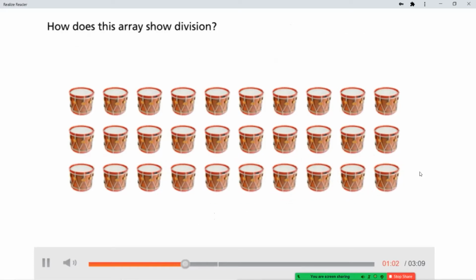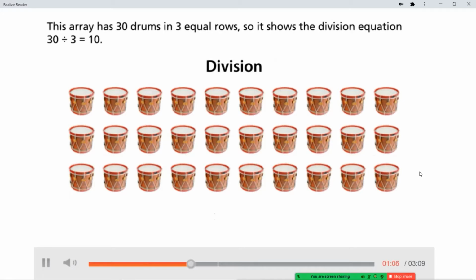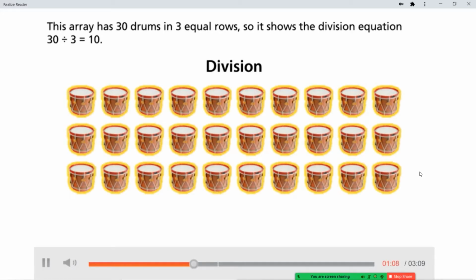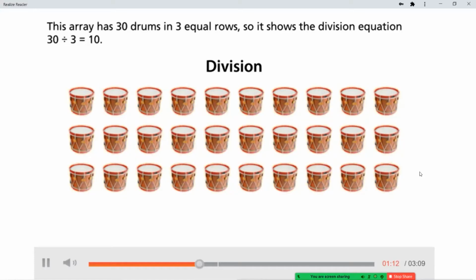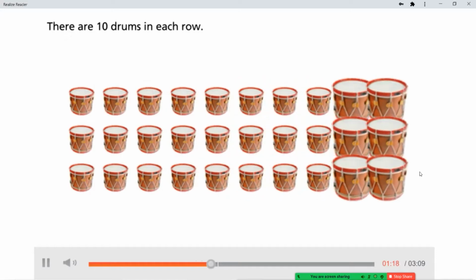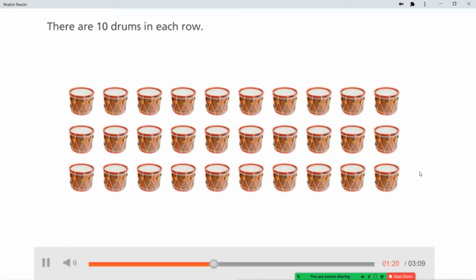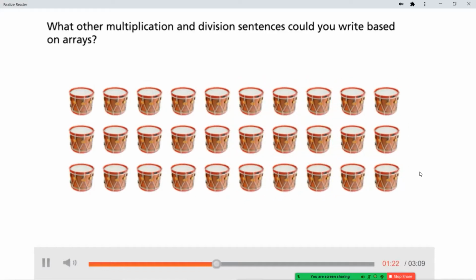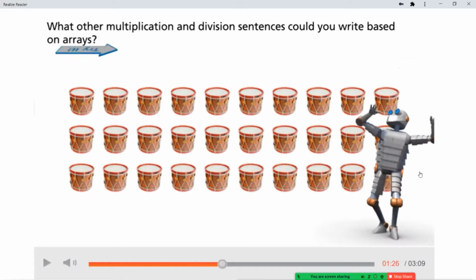How does this array show division? This array has 30 drums in 3 equal rows, so it shows the division equation 30 divided by 3 equals 10. There are 10 drums in each row. What other multiplication and division sentences could you write based on arrays?